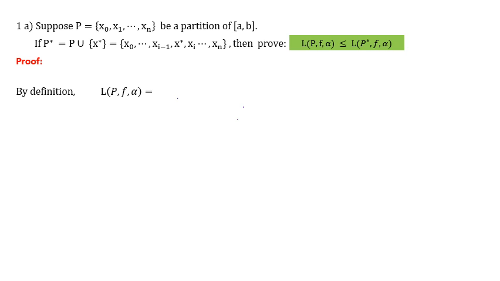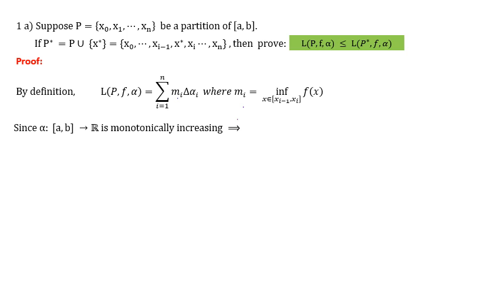We'll start off with the definition of the lower sum given to us as the sum of all the m sub i's delta alpha i's, where m sub i is the infimum of each of those partitioned elements. We also know that alpha is monotonically increasing, therefore delta alpha i is basically the difference between the larger minus the smaller bounds.